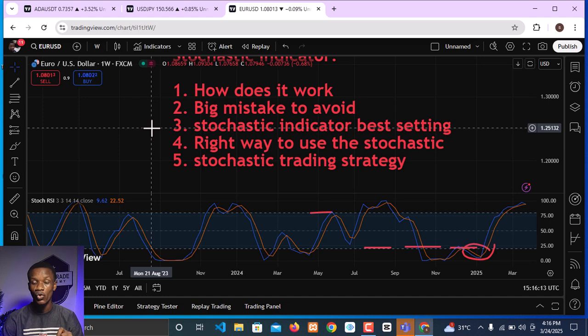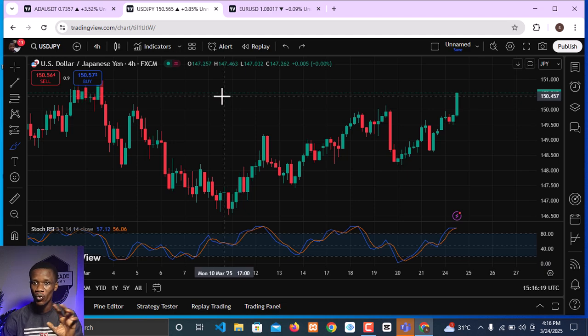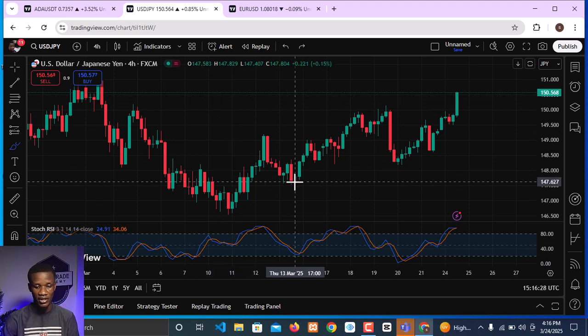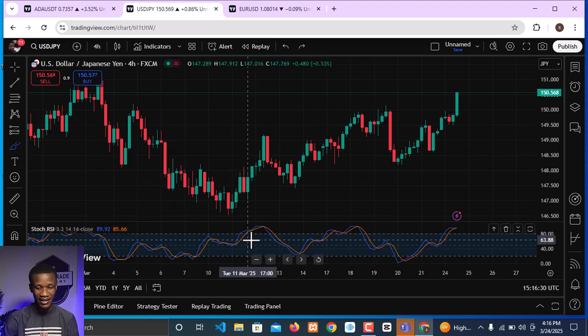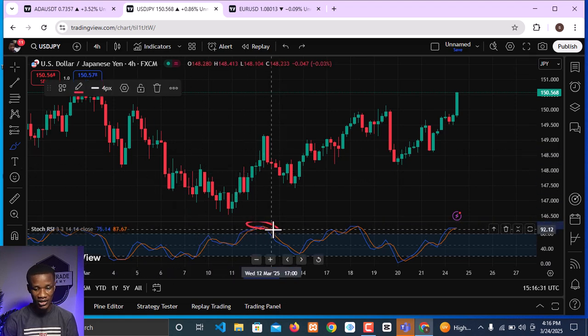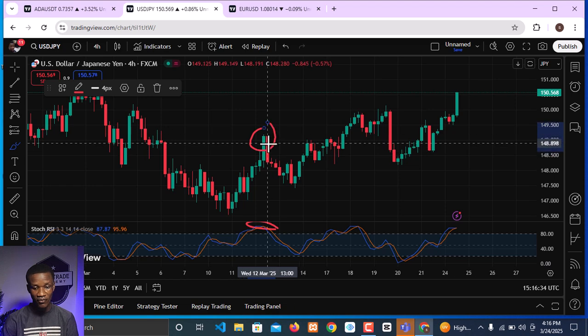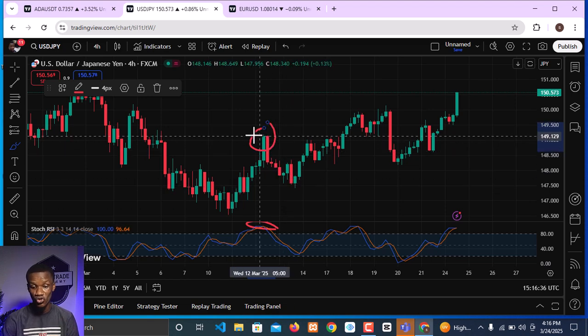Big mistake to avoid when using the stochastic. We know that the stochastic was designed to measure overbought and oversold conditions in the market, but the way you should use it is different from what the stochastic is telling you. Let's say, for example, normally if the market enters into overbought right here, you're supposed to sell from this area for the market to come back down, and if you did, you would be stopped out.